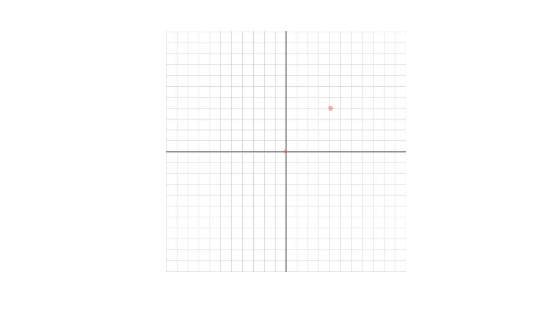So for example, we have this point. Let's take the set of all points that are, say, away from the origin. You could imagine you could rotate around, and all of these points are away from the origin.